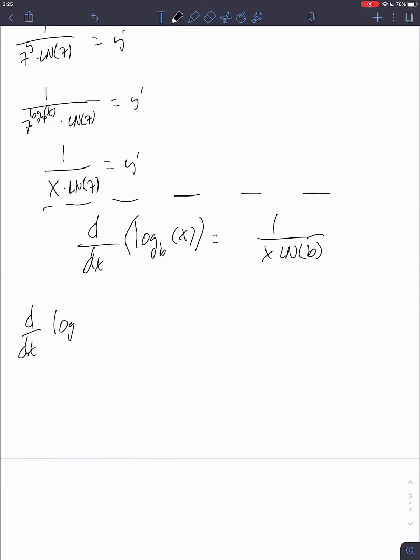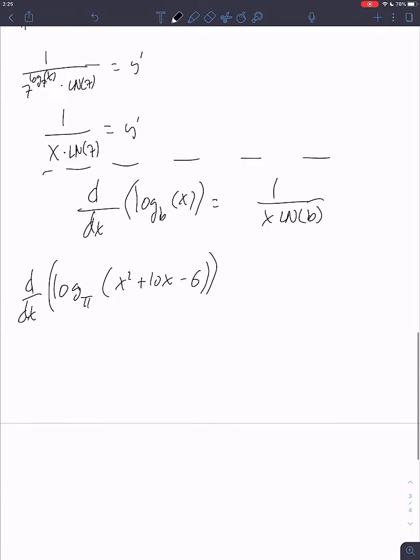Okay, how is this used? Well, if we want to take the derivative, same example, let's say log base pi of x squared plus 10x minus 6, then the derivative of this is going to be 1 over the stuff on the inside of the log, x squared plus 10x minus 6.